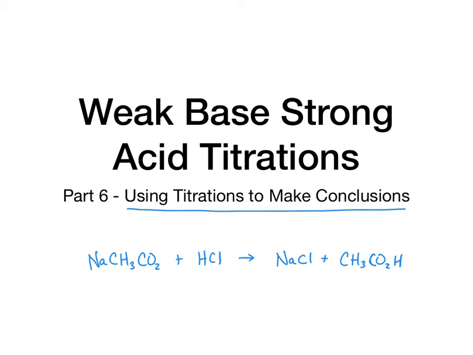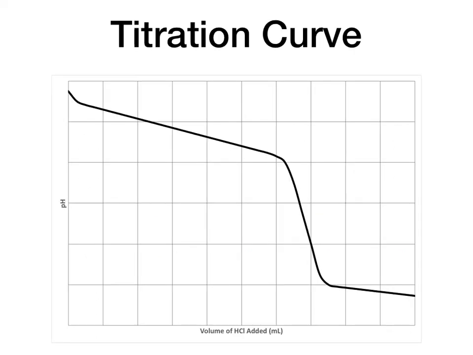And now we're going to talk about how we can use that equivalence point that we found experimentally to make conclusions about our solutions. This is what you are going to have to do in your titration activity for CH231 lab. Okay, so let's get going.